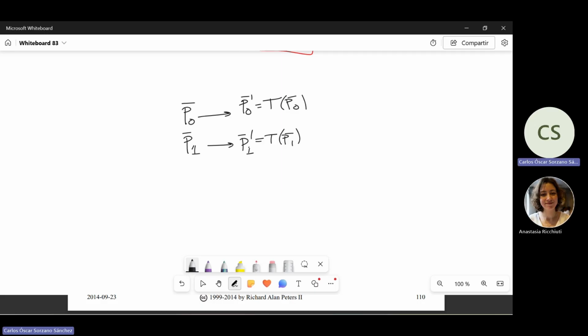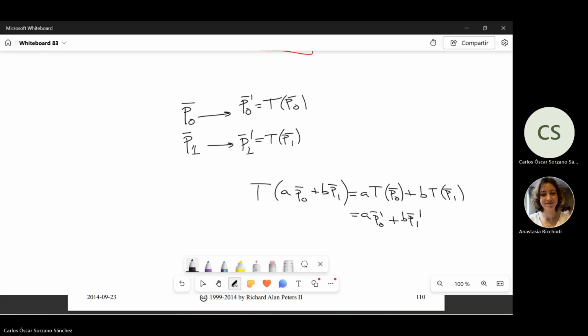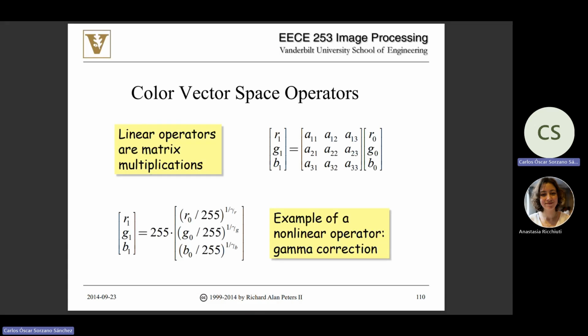And the transformation is linear if A P0 plus B P1, so this is a color, this is a vector, this is another vector, I can perform this vector operation, so I transform this vector, is the same as A P0 prime plus B P1 prime. If this is fulfilled, the transformation is linear. For matrix multiplication, it is linear. For this one, it is non-linear.